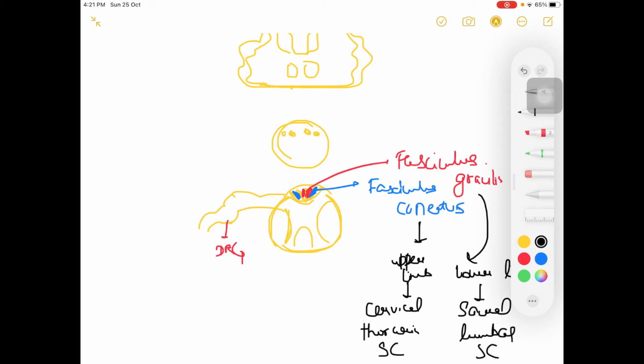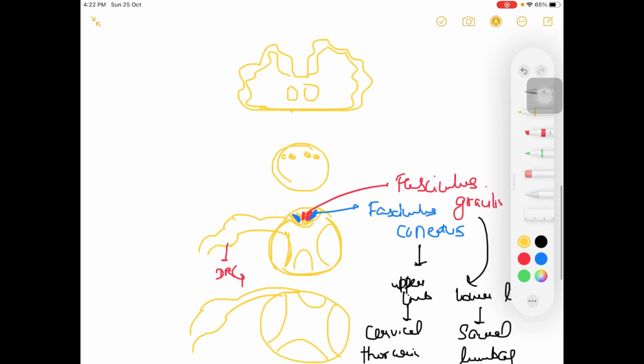Now in the diagram I've showed only one, but now you must understand when it will come from the upper limb, it will involve cervical and thoracic. When it will come from lower limb, it will come from sacral and lumbar. Let's make two spinal cords, no problem. Now this fasciculus gracilis and fasciculus cuneatus have their counterparts as nucleus in the medulla.